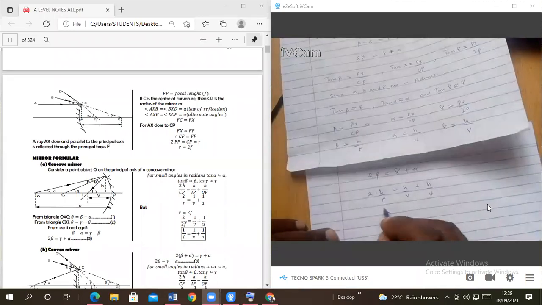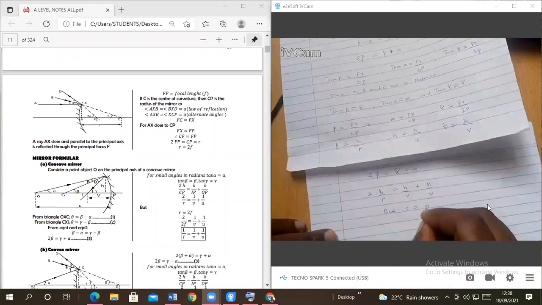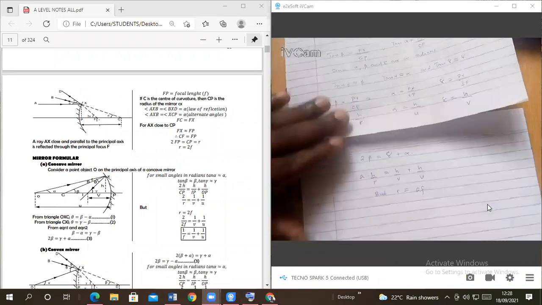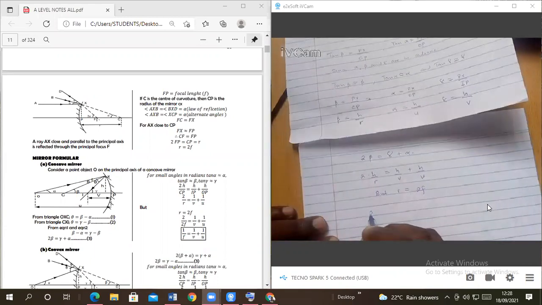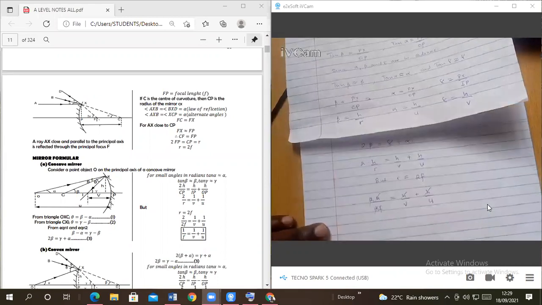But from this case, we know that r is equal to what? 2f, isn't it? So we have 2h over 2f equals h over v plus h over u. And then when we cancel, we shall remain with 1 over f equals 1 over v plus 1 over u.